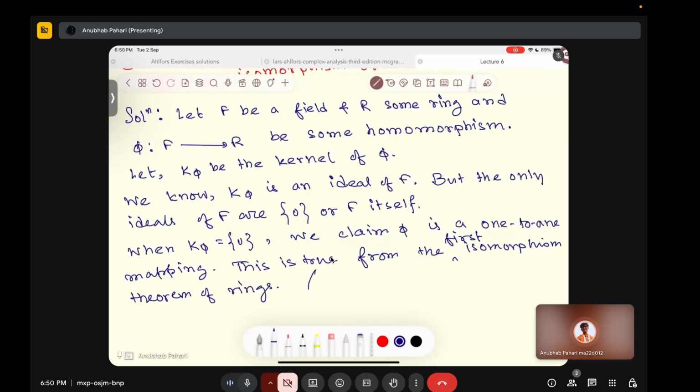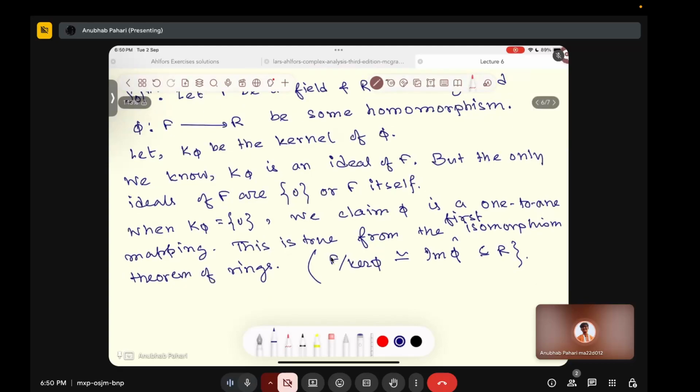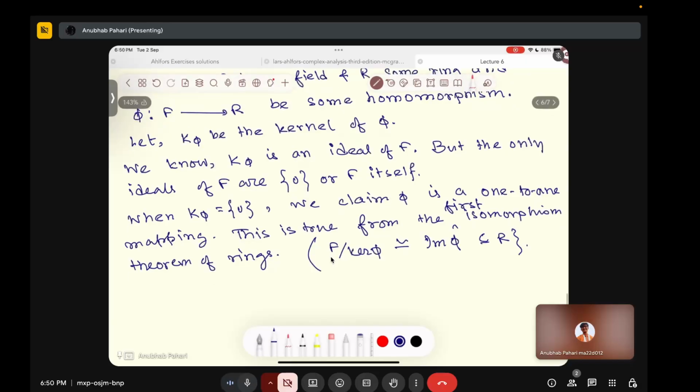This says that F by kernel phi is isomorphic to the image of phi, which is a subring of R, and since kernel phi is 0, F is isomorphic to the image, and obviously the image sits as an injective object inside R. So this is true.